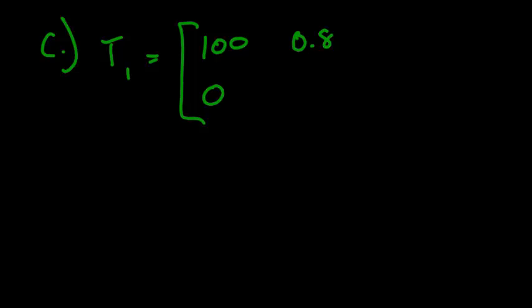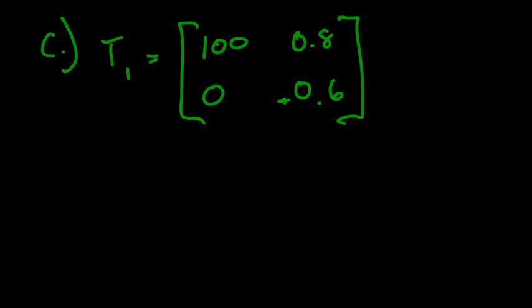using Cramer's rule. So we can find T1 as equal to the matrix 100, 0.8, 0, and negative 0.6.